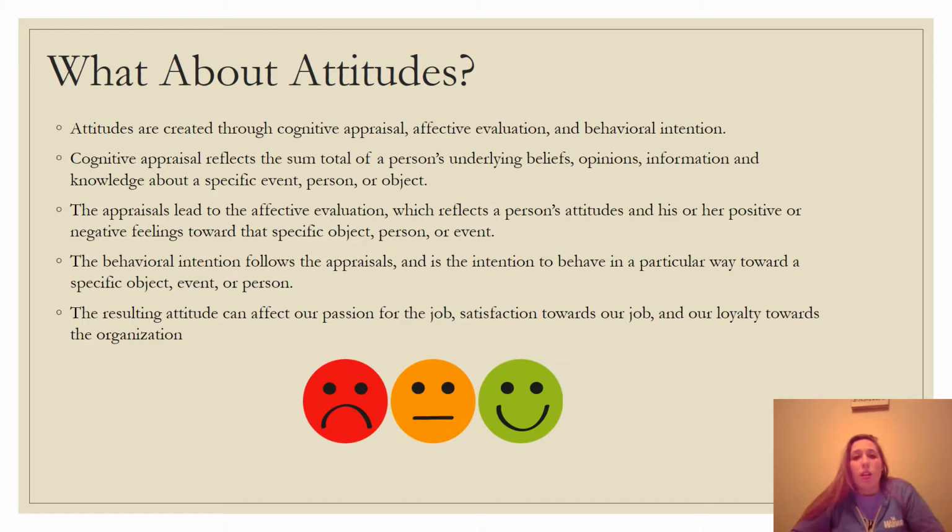So overall, your underlying beliefs and opinions help to form a feeling you have about a person, and that feeling helps you to generalize how you want to act towards somebody else, how you want to behave towards them. And that's very important for the workforce because your attitude could really affect the overall cohesion of that workplace.